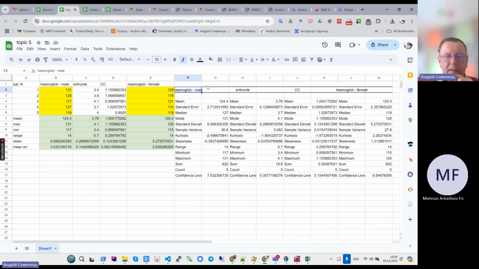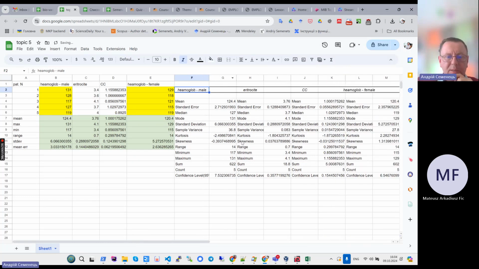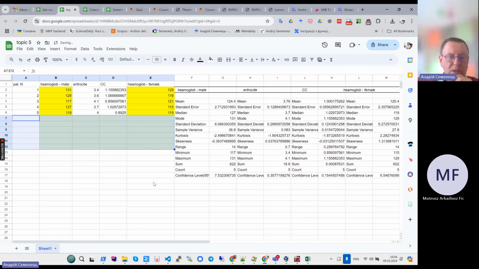So right now I have my necessary calculation. Let me maybe even remove this part, not to disturb you. But of course you can calculate by formula as well. It will also be correct, and you will provide the correct result, no problem.